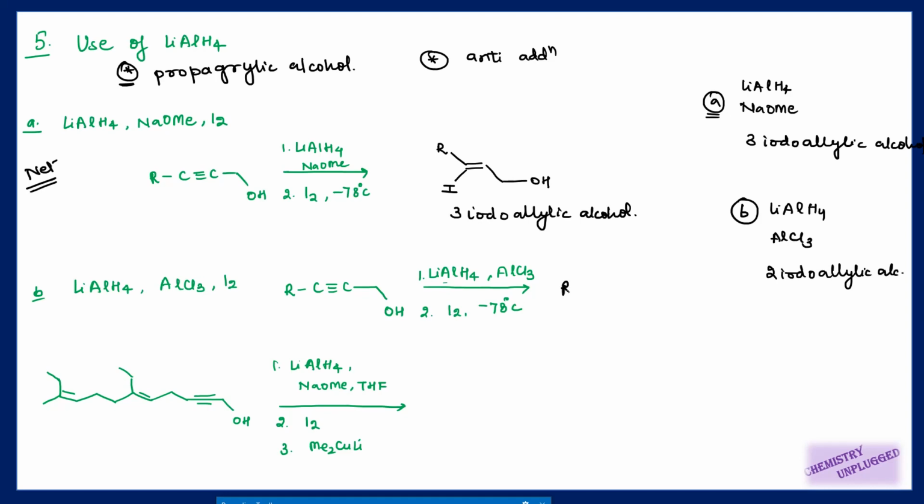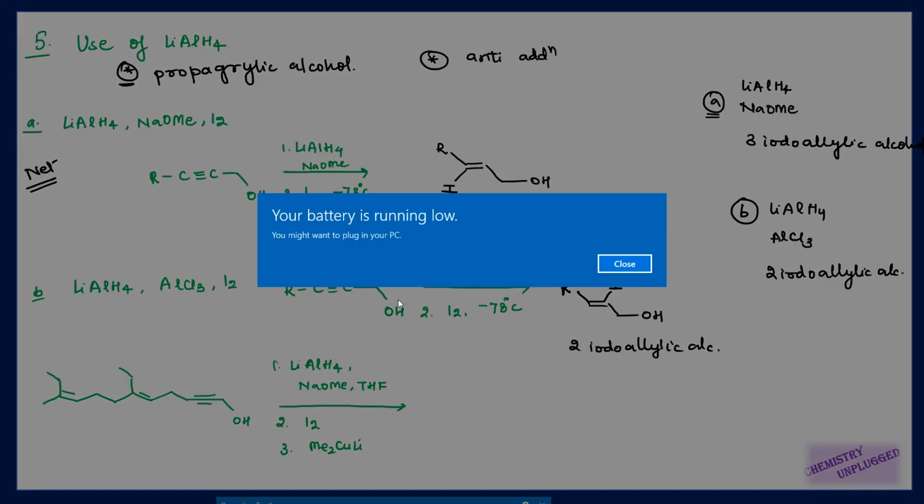Means again we have to first draw the anti position of these two, because anti addition is a must for this reaction. Then the position of I will be second with respect to this OH, means we will get 2-iodoallylic alcohol.